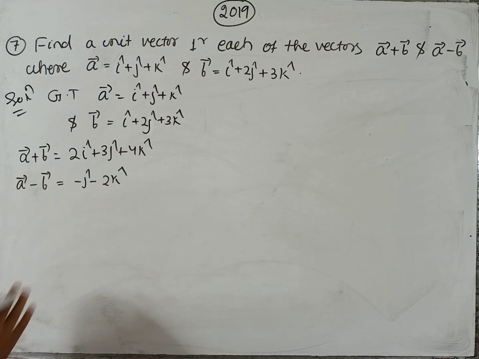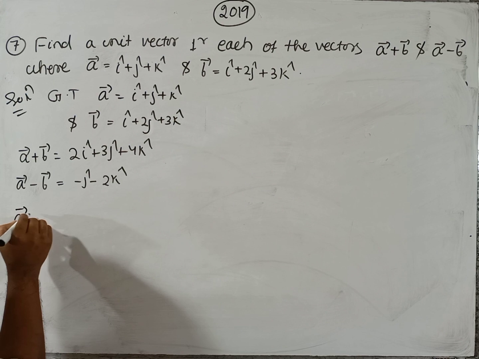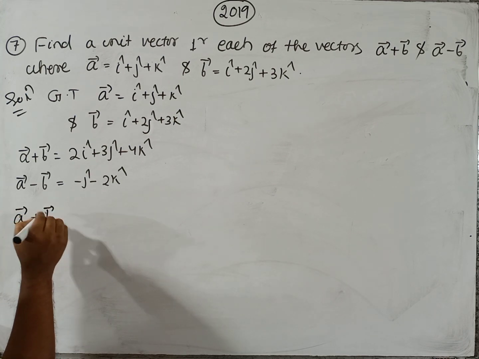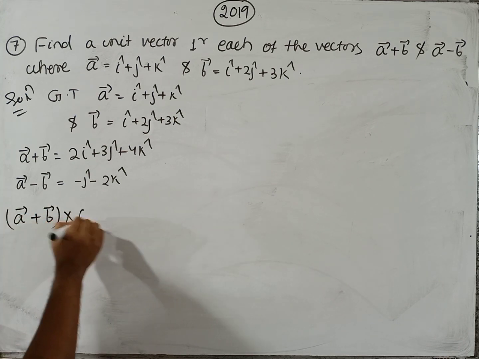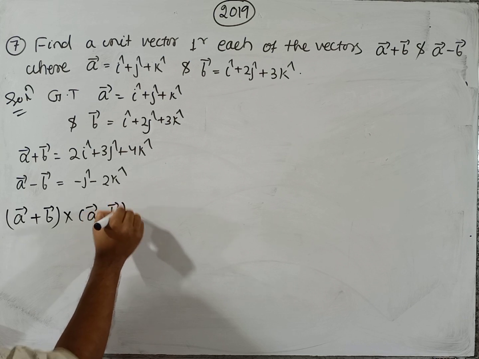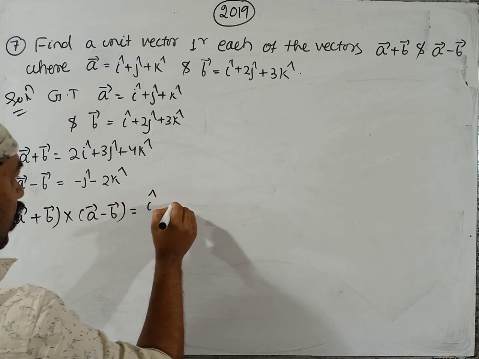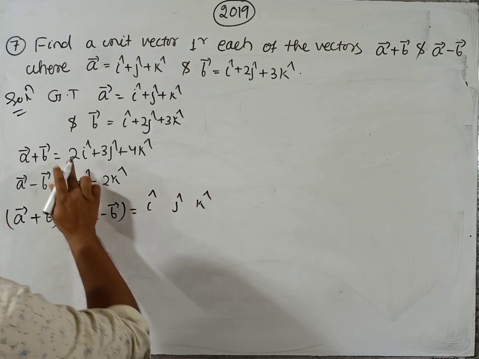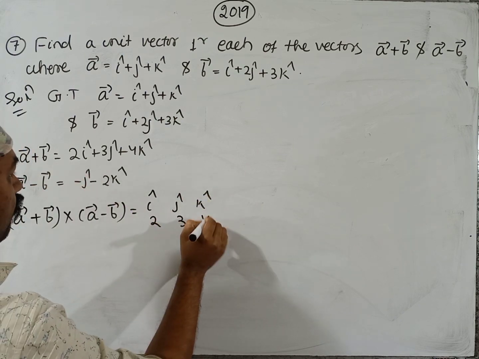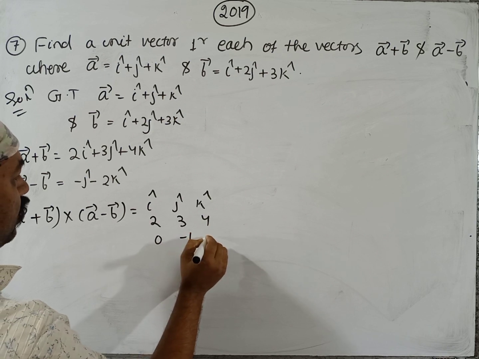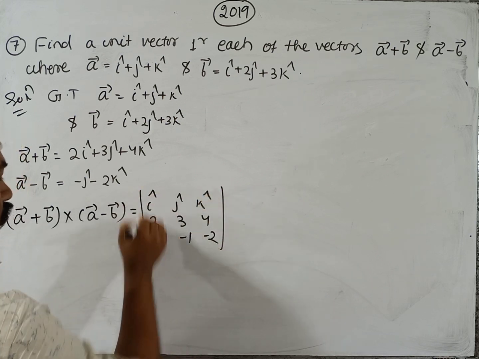Then what to do? You just have to find out the cross product of both these vectors. Then it will be i cap, j cap, k cap, 2, 3, 4, 0, minus 1, minus 2.